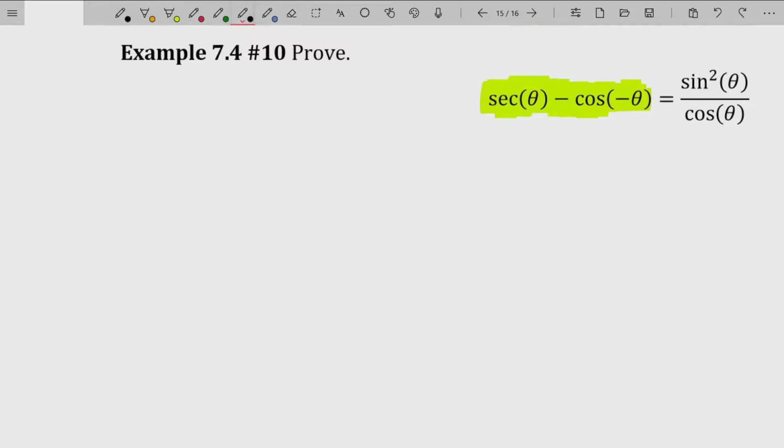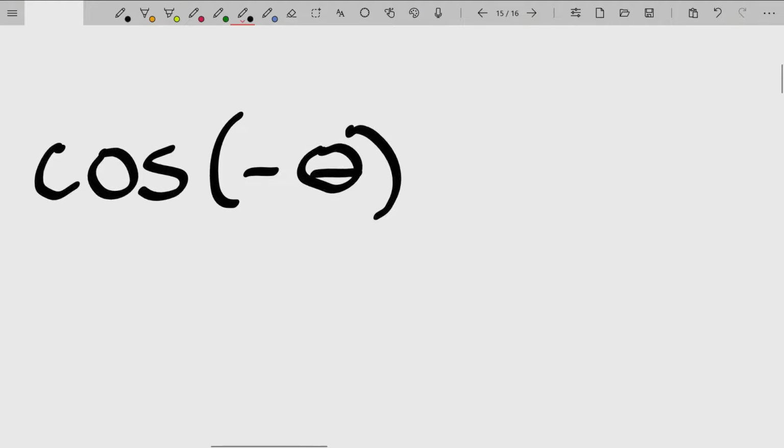So I'll write down here the left-hand side and I'll copy it. That's equal to the secant of theta minus the cosine of a negative theta. And I have to make a decision. What do I do from here? Well, the very first thing I see is an even-odd identity. In other words, the cosine of a negative theta. We know that cosine is even.